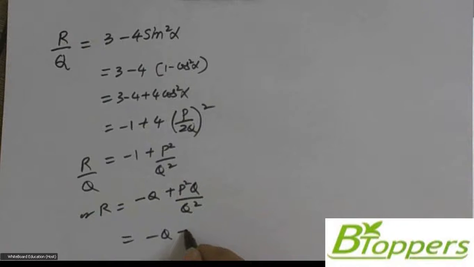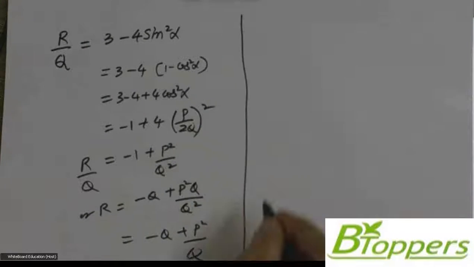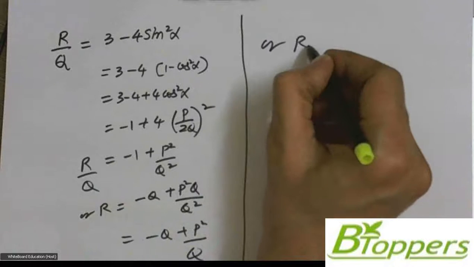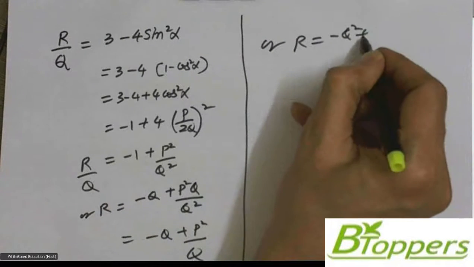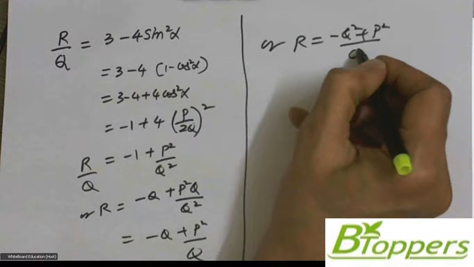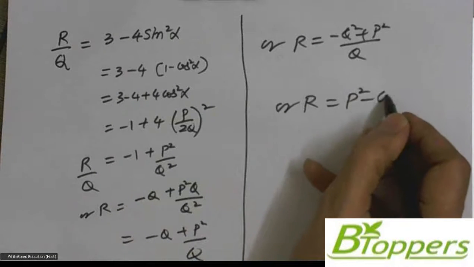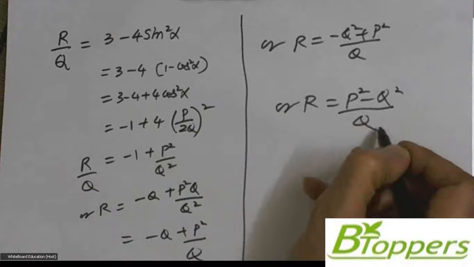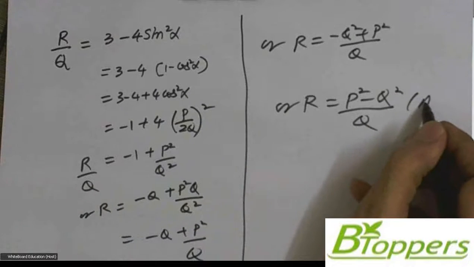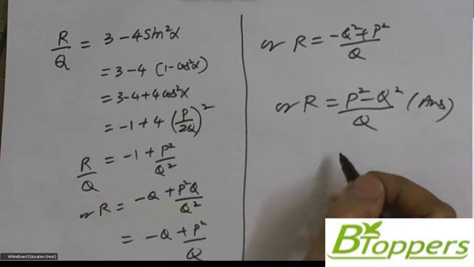So you get minus q plus p square by q. So you get r equal to minus q square plus p square by q, or r equal to p square minus q square by q. So that's the answer for the question.